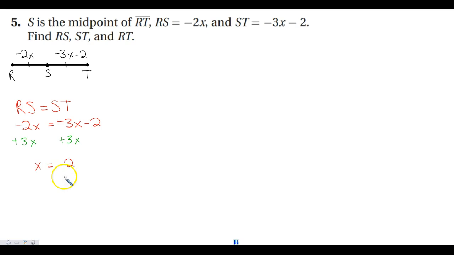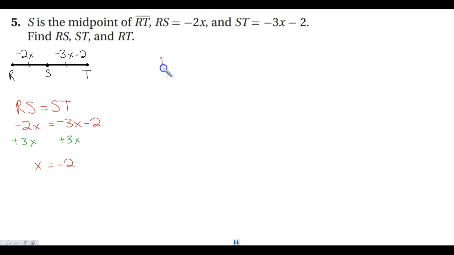That should make you pay attention, because we don't normally get negative answers in geometry, because you don't have negative lengths, you don't have negative angle measures, there's lots of things that we do in here that we just don't do in terms of negatives. So getting a value of a negative 2 should make you cautious. So when we plug it back in, we want to make sure that we get positive lengths.